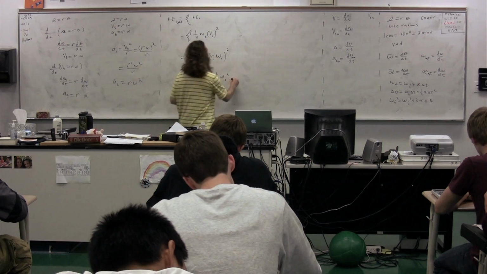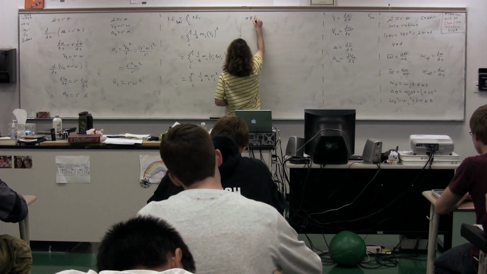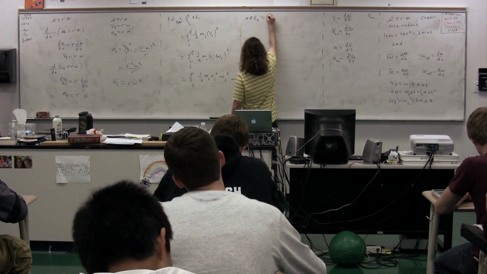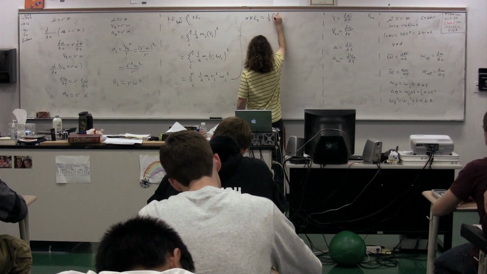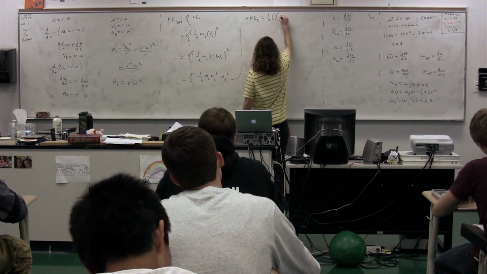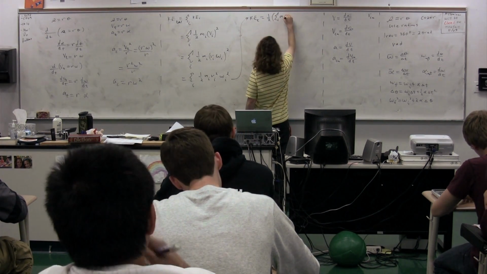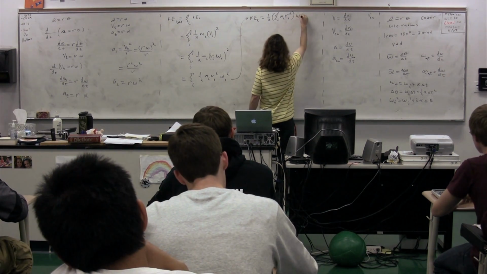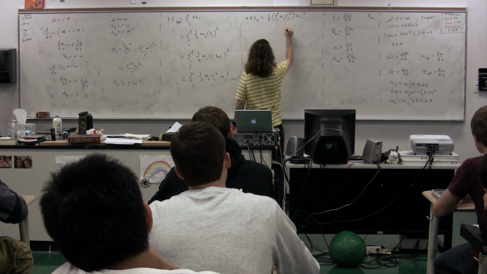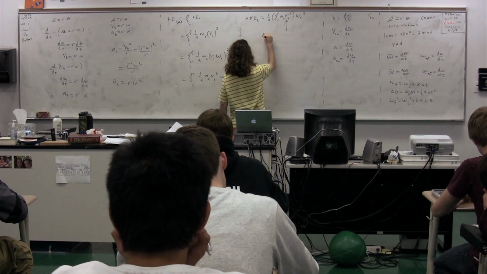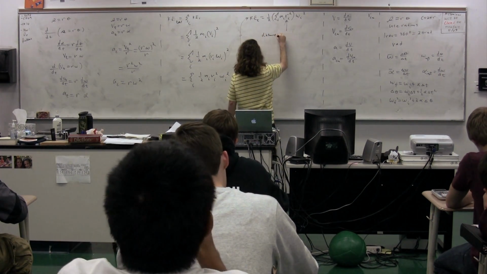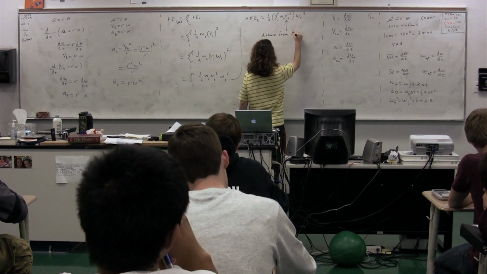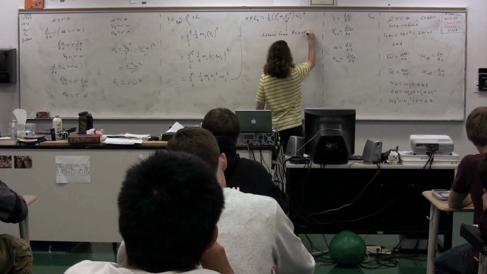So the total kinetic energy is equal to 1/2 times the sum of the mass times the distance from the axis of rotation squared. So this r is the distance from the axis of rotation.